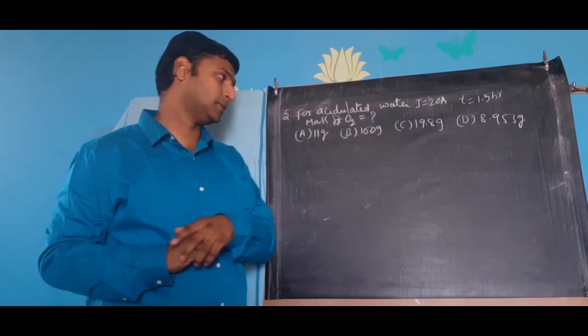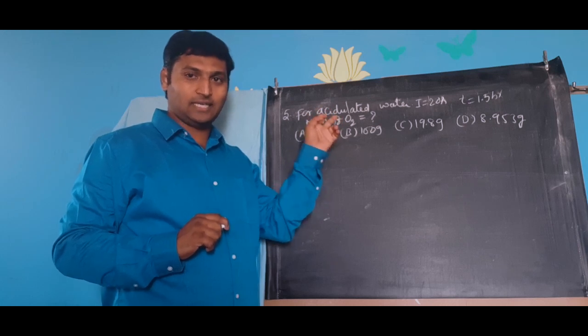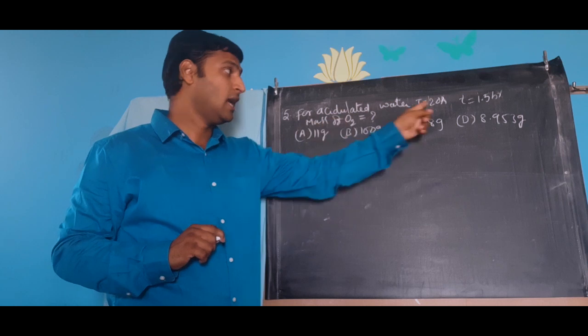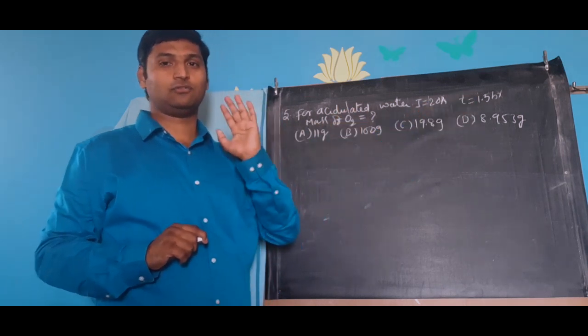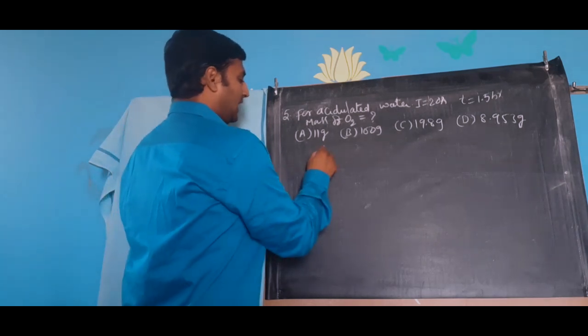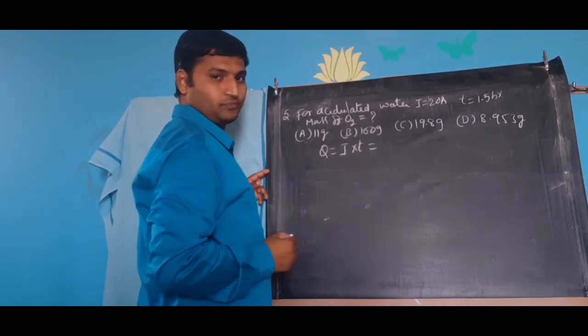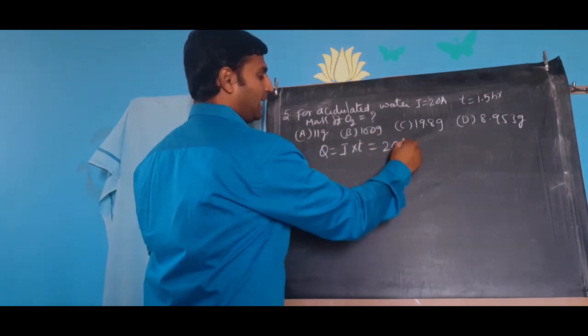Now comes the question. For those 8 grams to be liberated, 96,500 coulombs are required, but how many coulombs are given here? If we know, we can easily calculate. For that, first let us calculate the charge. Charge Q is equal to I into T. Current is given as 20 amperes.